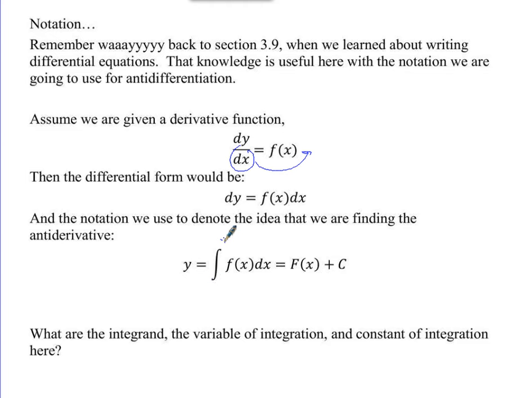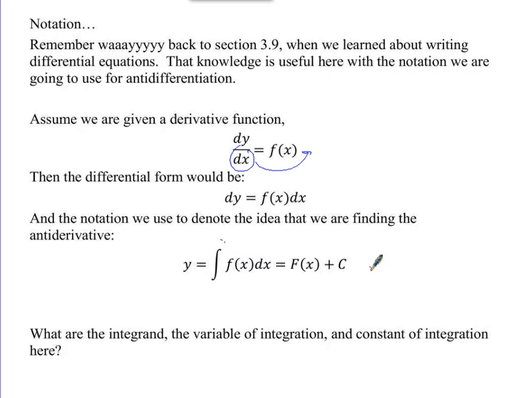It looks like a stretched out s. f of x dx. And that is telling you to find the antiderivative of your original function f of x. When you do, you will get capital F of x plus c. That's the formal notation for what we're doing basically from here on out the rest of the year.